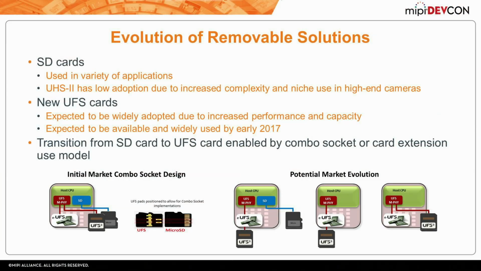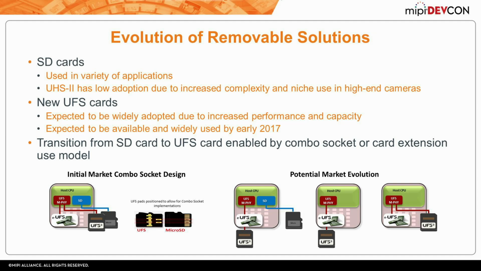On the removable side, SD cards have dominated the market in a variety of applications like mobile phones, cameras, tablets, computers, you name it. Ultra High Speed 2, the latest speed class from SD cards, has seen low adoption due to increased complexity and niche use in high-end cameras.